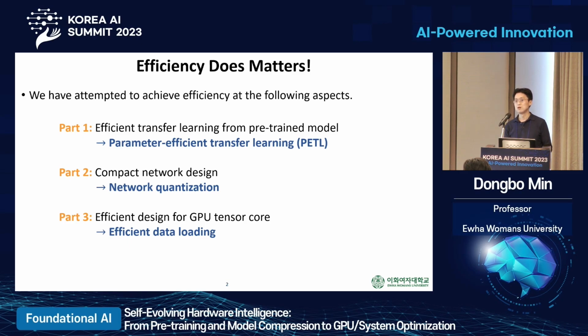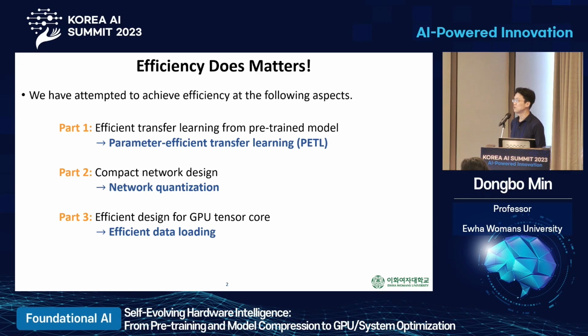So as you know, computational efficiency is very important whenever we deploy our deep learning model into the real world. This is why we are trying to improve the computational efficiency at various aspects. Among them, I'm going to introduce three parts. The first part is efficient transfer learning from a pre-trained model using parameter efficient transfer learning.